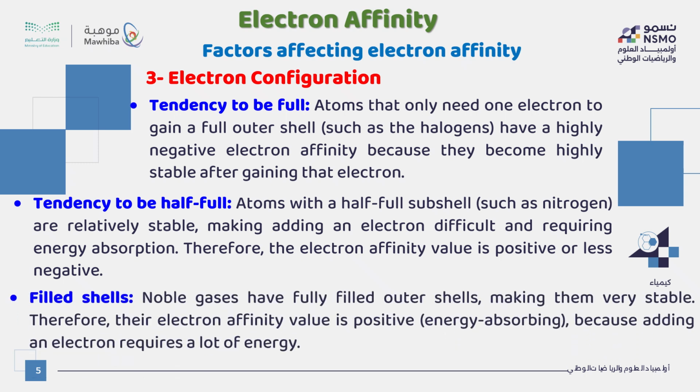Third one, filled shells. Noble gases have completely filled outer shells and are already very stable. Adding an electron requires a large amount of energy, so noble gases have positive electron affinity values, meaning the process is energy absorbing.